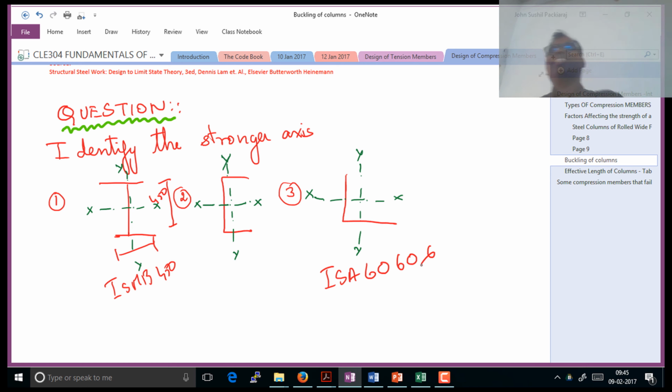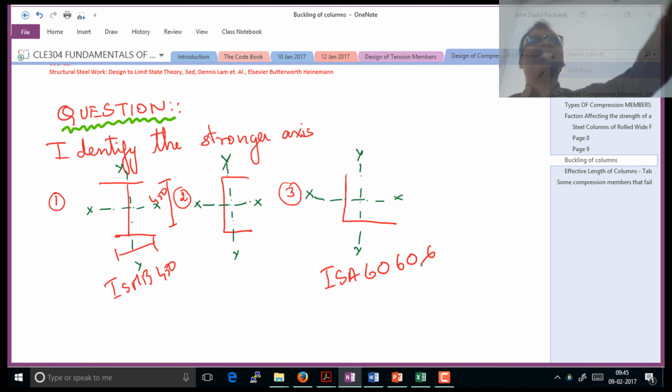Ixx or Iyy? Any other person? Yes. Which is a stronger axis here? Third. Very good. Both are having the same properties.